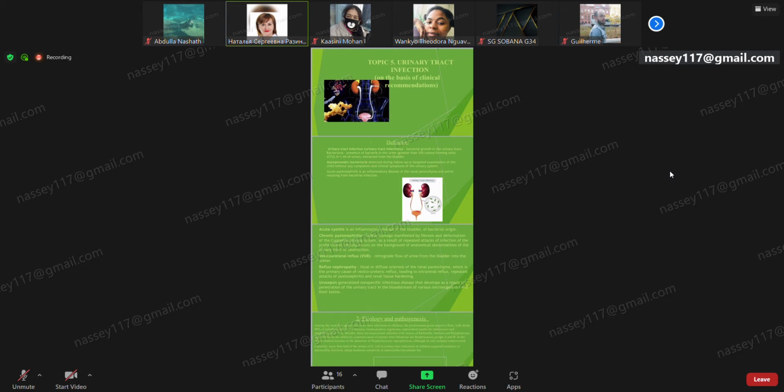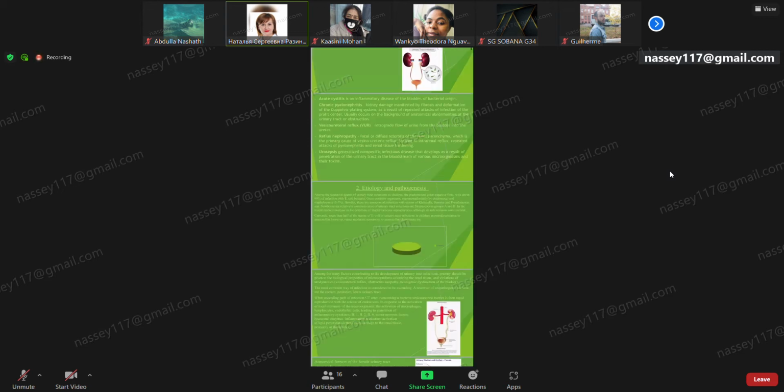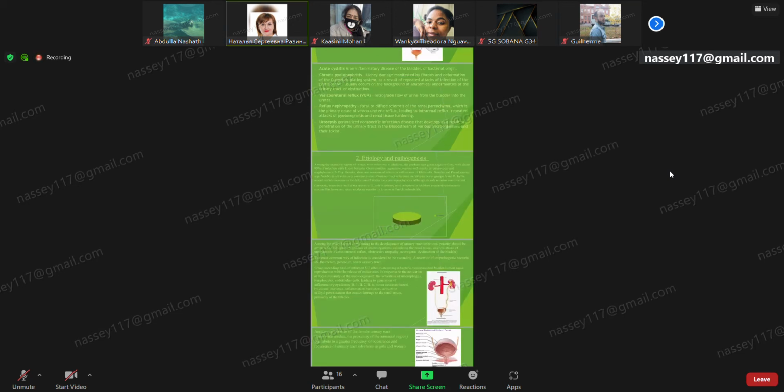If we speak about etiology and pathogenesis, we may say with certainty that gram-negative flora prevails, and 90% of all cases belong to Escherichia coli infection. Gram-positive microorganisms like enterococci and staphylococci may also cause UTI.